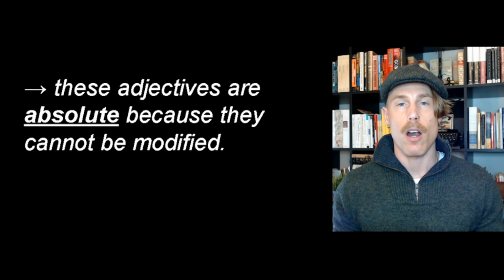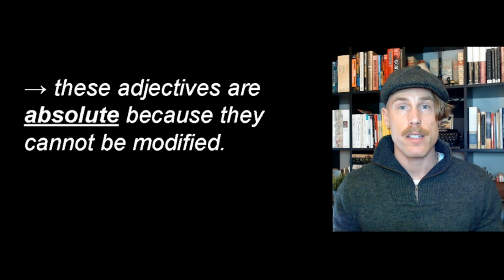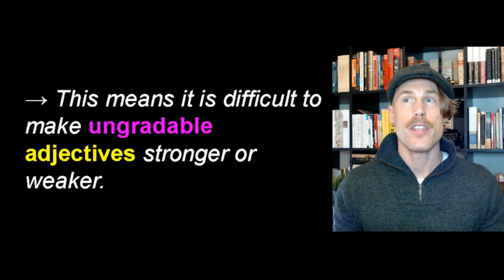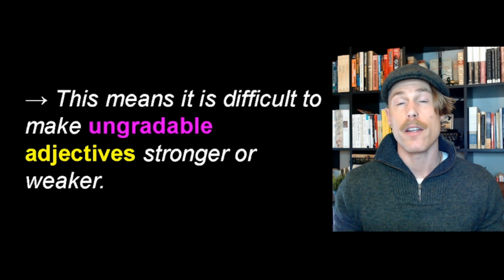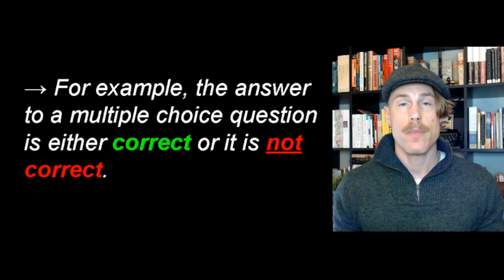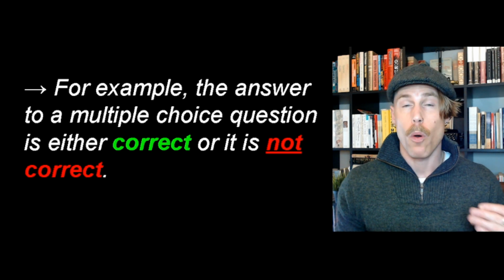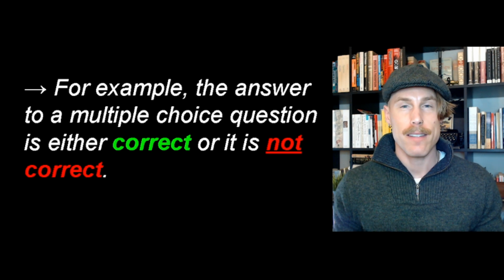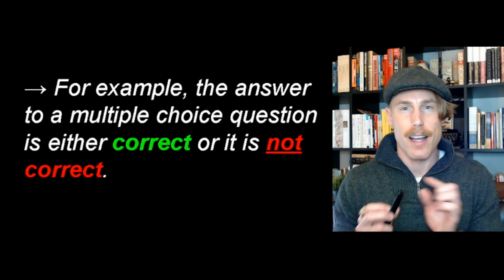These adjectives are absolute, they are fixed, because they cannot be modified. They cannot be changed in degree. This means it is difficult to make ungradable adjectives stronger or weaker. For example, the answer to a multiple choice question is either correct or it's not correct, right? The answer is either A or B, or it's not A or B. There's no middle, a little bit correct.